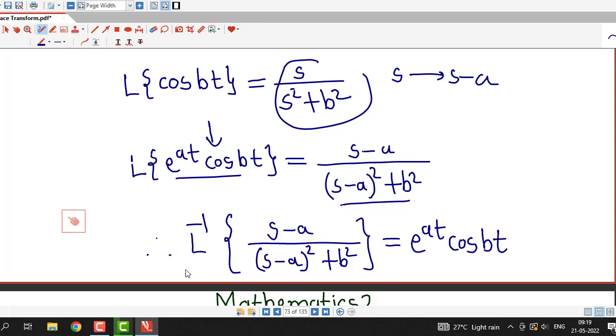So we don't have to remember this formula for inverse Laplace transform. We should remember this first shifting theorem. And if our function can be written in this form, then we can use this formula to obtain the inverse Laplace transform of that function.